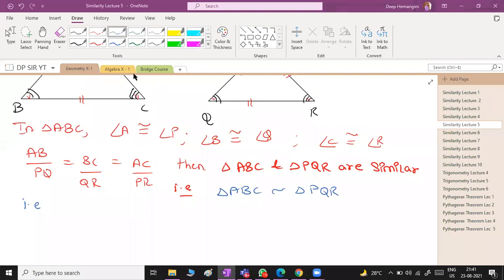Sorry, that is triangle ABC is similar to triangle PQR. That is, they lie under one-to-one correspondence. So here between ABC and PQR there is one-to-one correspondence.